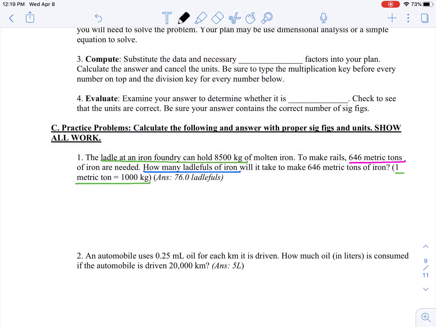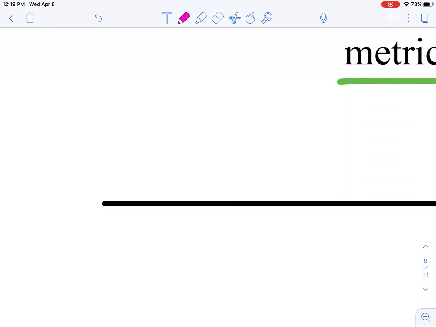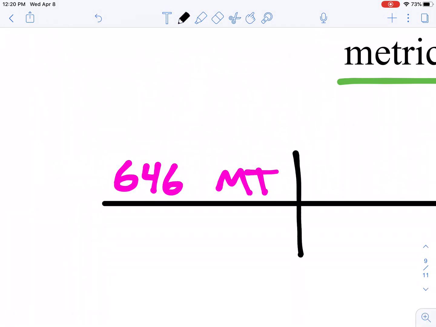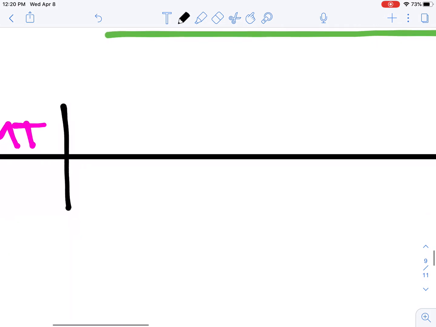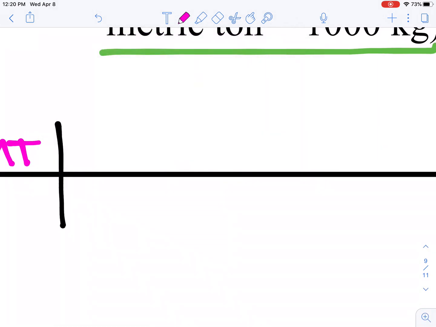So I'm going to give myself a nice long fraction line for our conversions. I'm going to start with what we know, that's in pink. We know that we have 646 metric tons, and I'm going to abbreviate metric tons MT. Before I do anything else, I know with certainty that MT has to go on the bottom of my next line.